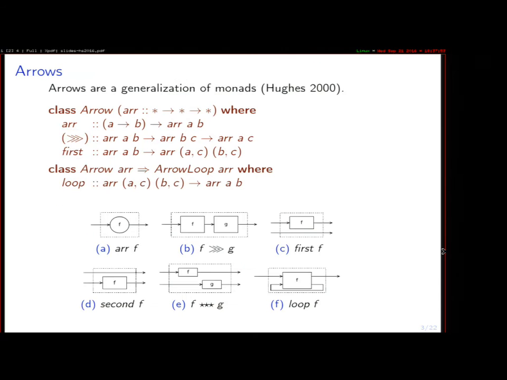Now let's review some basic concepts about arrows if you're not familiar with them. John Hughes first introduced the concept of arrows as a generalization of monads.